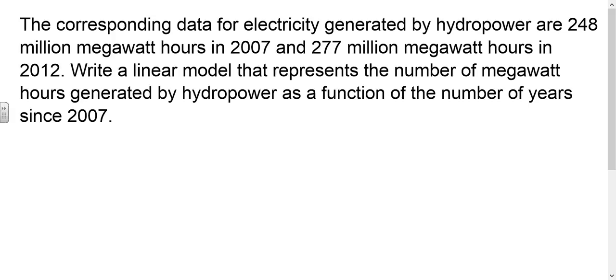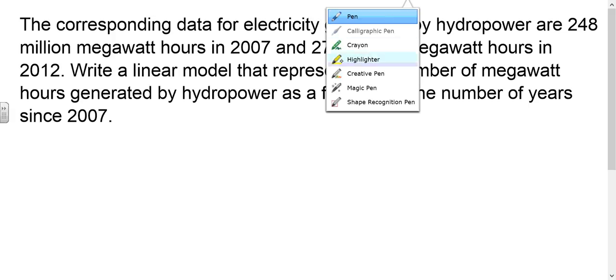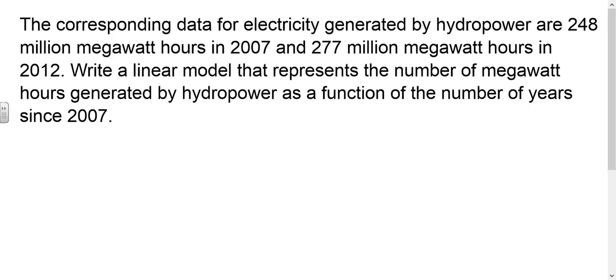Write a linear model that represents the number of megawatt hours generated by hydropower as a function of the number of years since 2007. So this is like overload of information. Just crazy stuff going on here. So we need to highlight what information is important.